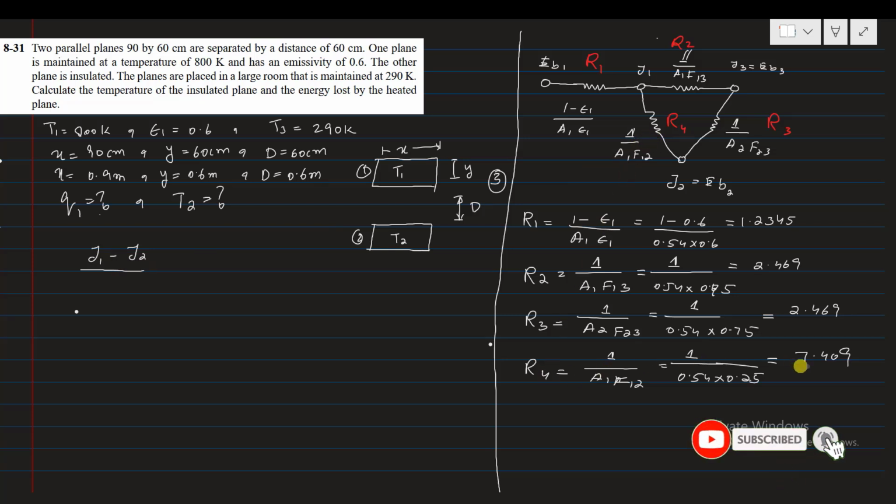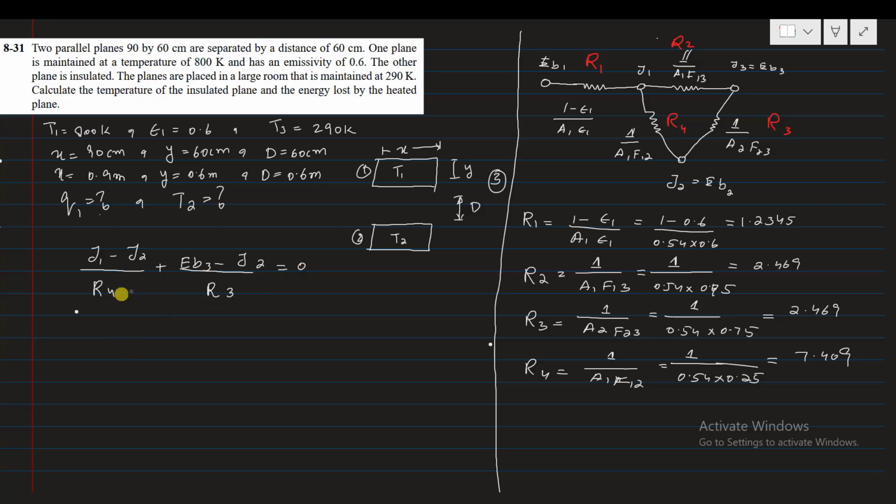The heat current entering from the room, EB3, is EB3 minus J2 divided by its space resistance, that is R3. The sum must be equal to 0.